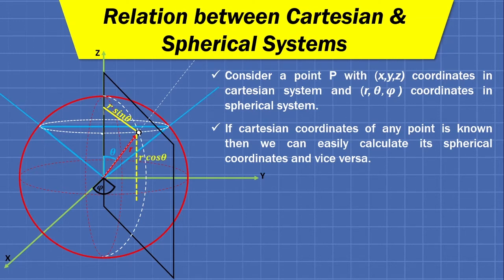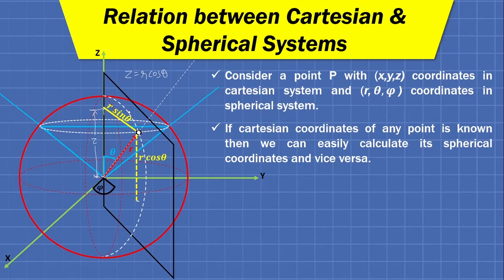Now this vertical length is nothing but the z coordinate of point P. As you can see, this vertical length is nothing but the z coordinate of point P. So we can say that this length and this length will be equal, and z will be equal to r cos theta. Fine.